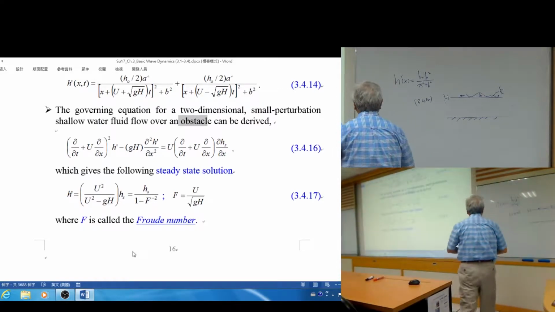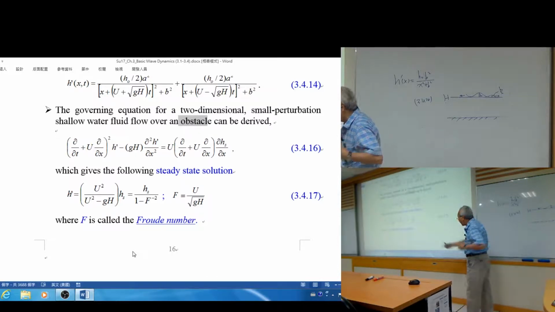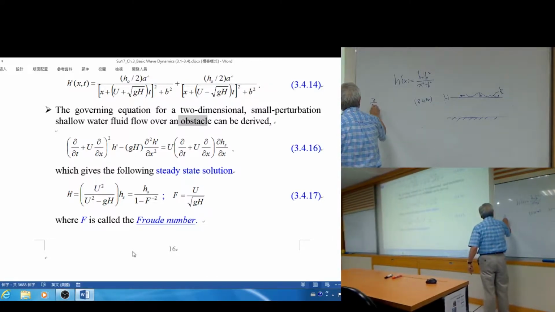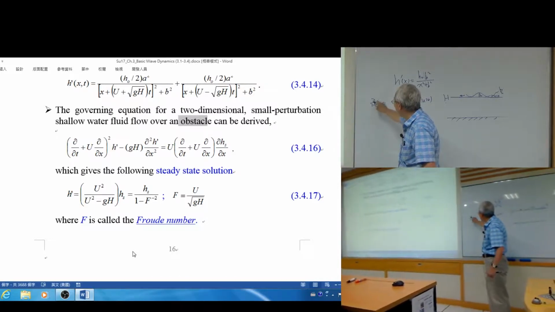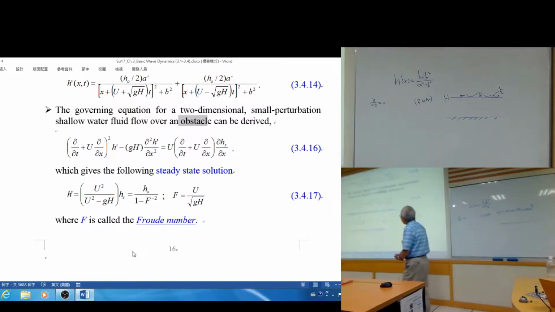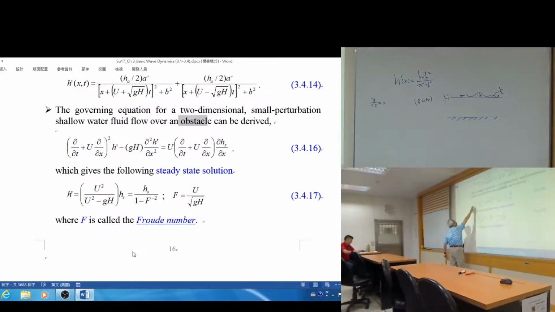Steady state means no change with time, so partial t will be equal to 0, no matter which variable. So if partial t equals 0, then what happens? This will be 0, right? Let me write that down.